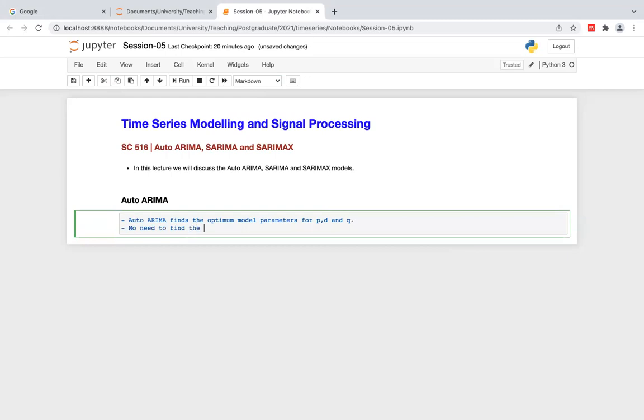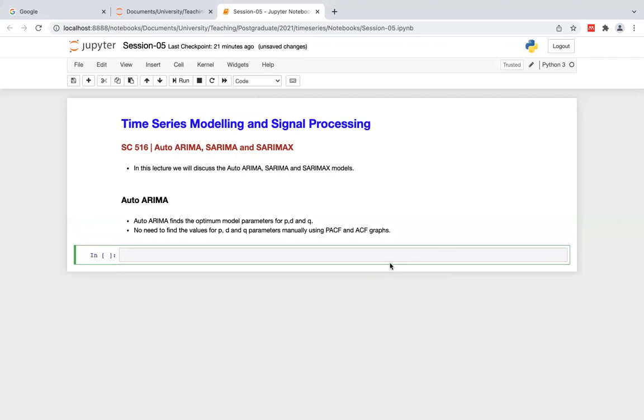No need to find the values for the parameters P, D, and Q manually using PACF and ACF graphs.